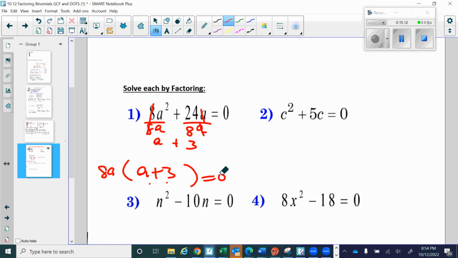I've got to find the other factor that goes inside the parentheses. To do that, I'm going to divide each term by c, the greatest common factor. c squared divided by c is just c. Plus 5c divided by c is just 5. So c plus 5 is equal to 0.